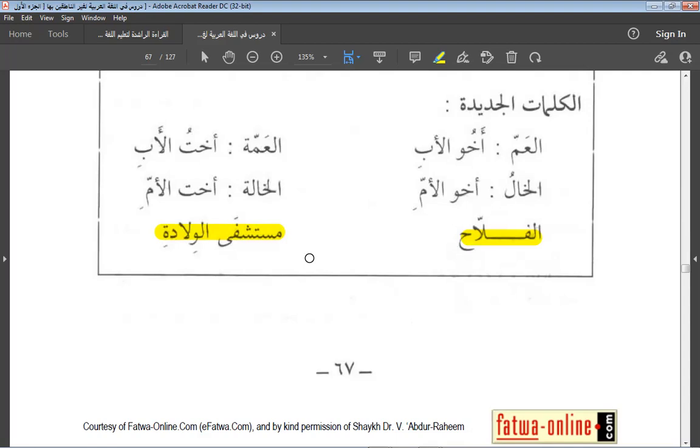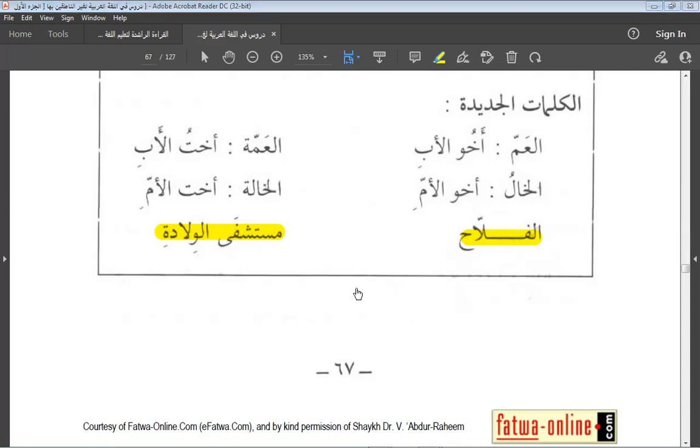Though these vocabularies there, we know them. Okay, let me see. Mustashfa al-wilada. Aha, found it. Okay, you see the maternity home you gave is actually right. And then there is a technical name. It says obstetrics hospital. That is the Mustashfa al-Wilada.